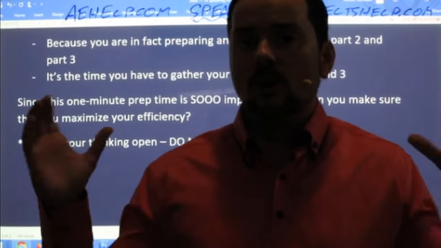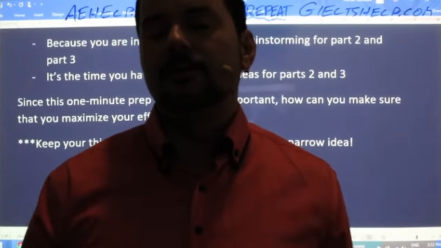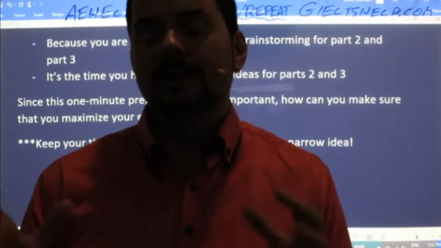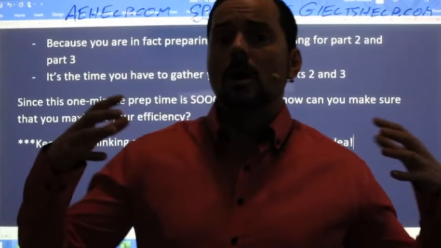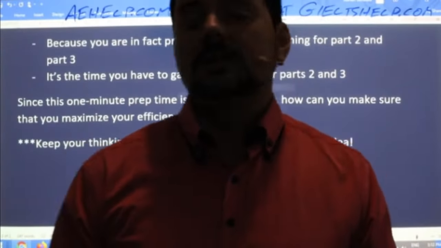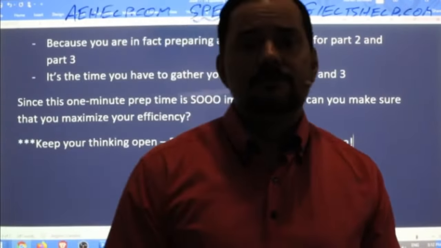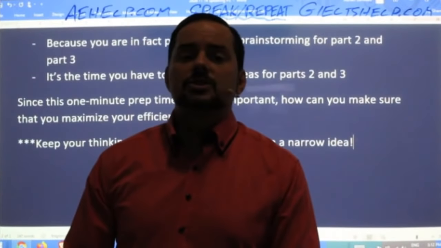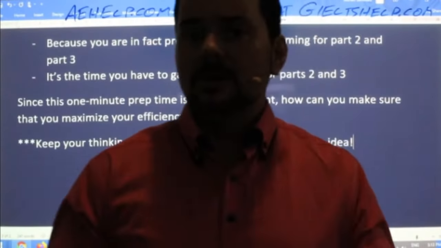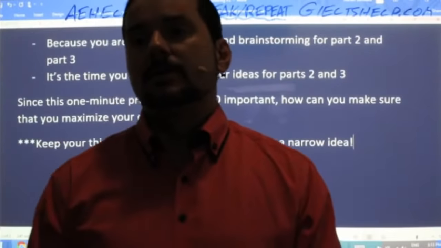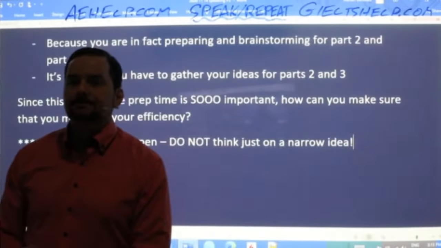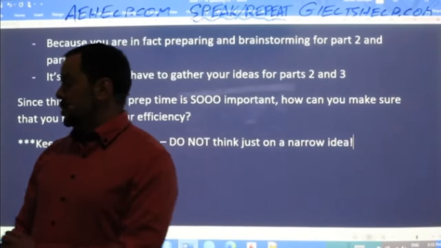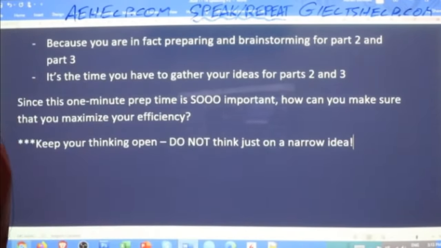And then for all of part 2, they're talking about their mobile phone, and all of part 3, they're talking about their mobile phone. And that's not good. You want to keep your ideas broad. So if you're talking about technology, talk about computers, mobile phone, the electric scooter that you used that morning. Think about the blender you used in your kitchen. So keep your ideas open. Do not just think of narrow ideas. Think outside the box.